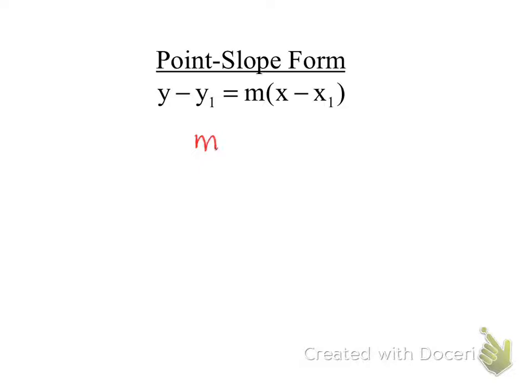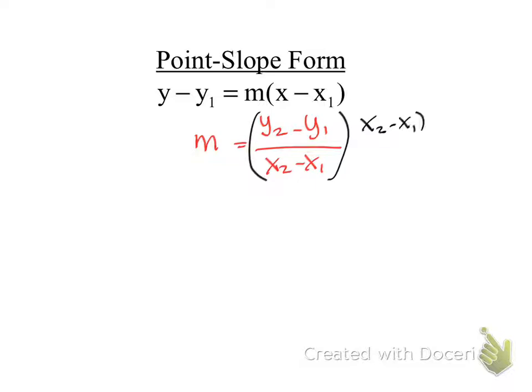So let's start with the slope formula. M equals y2 minus y1 over x2 minus x1. You should be writing this like I am. What do you think I need to do to get rid of the denominator? Daniel: You multiply x2 minus x1 on both sides. So I'm going to multiply both sides by x2 minus x1.